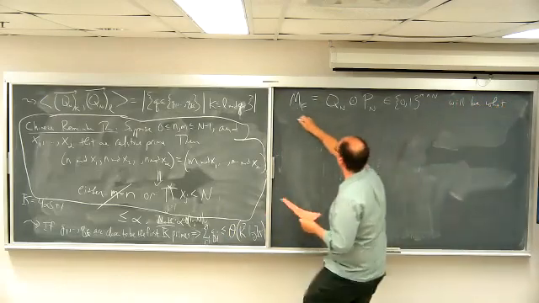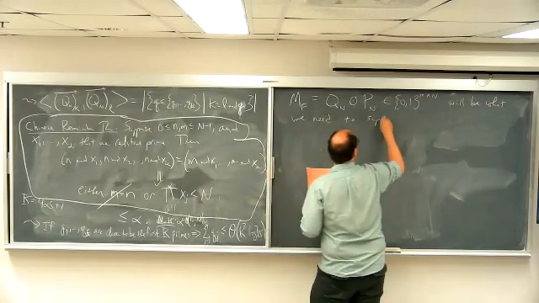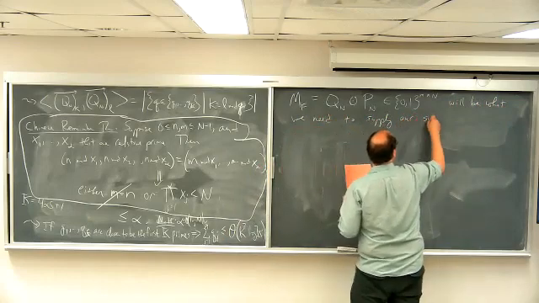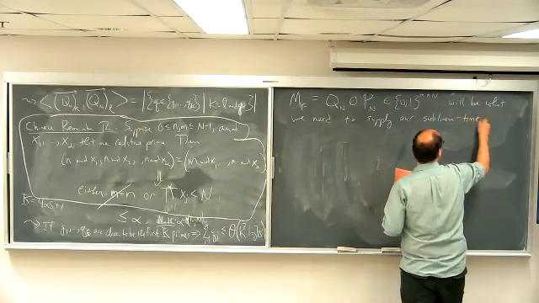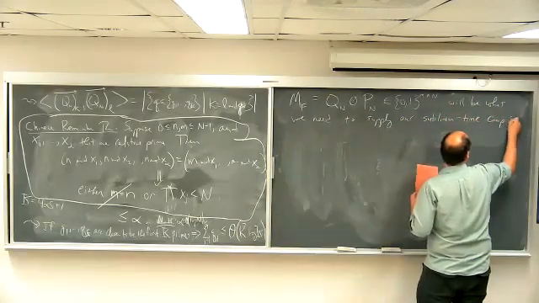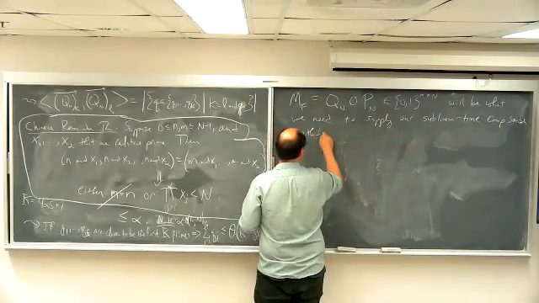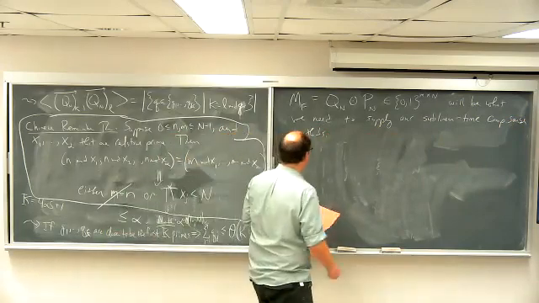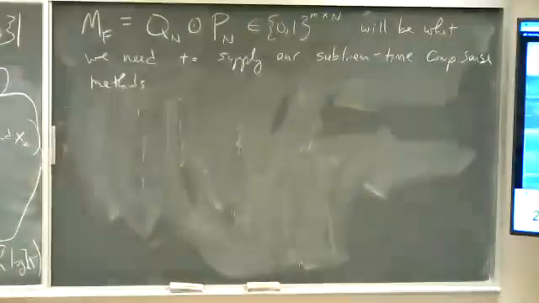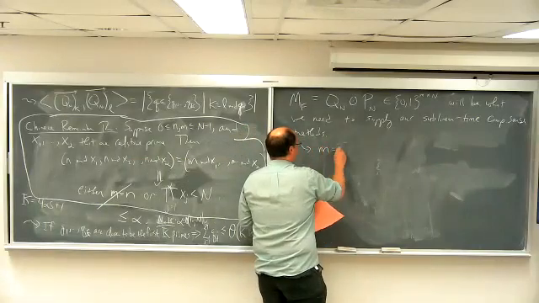What we need to supply our sublinear time compressive sensing methods. Okay, and if we construct it the way we were just talking about here, so we take the first few primes for each one of these guys, you can see that you can get away with a number of rows.